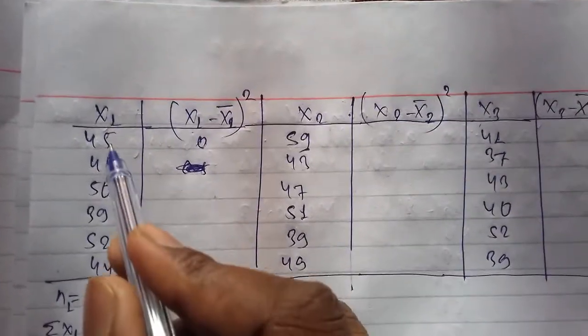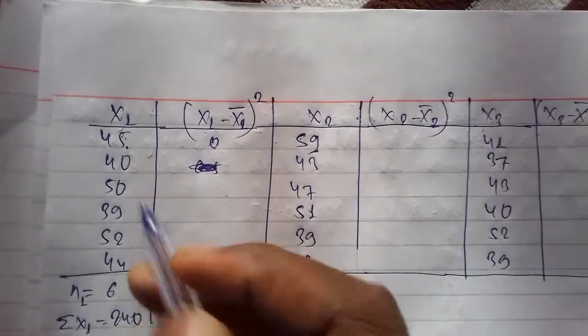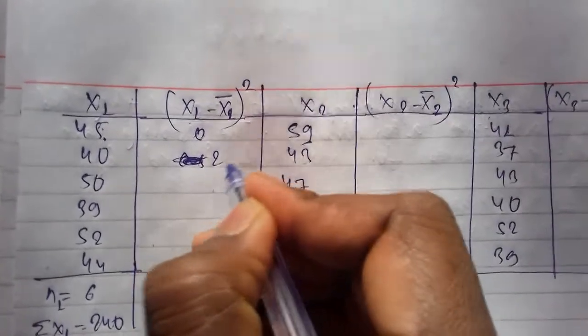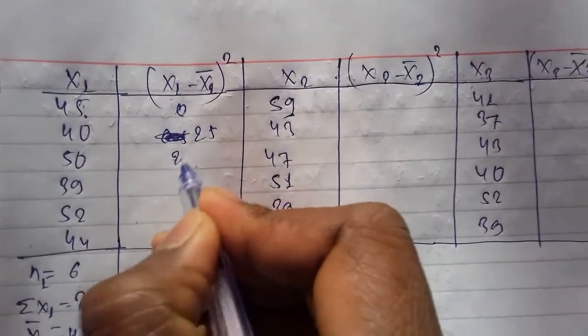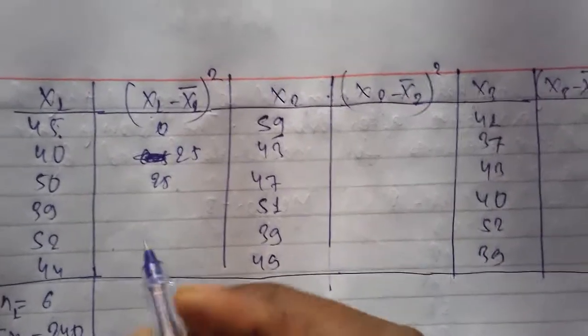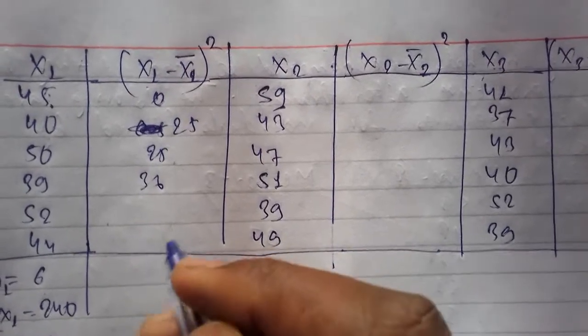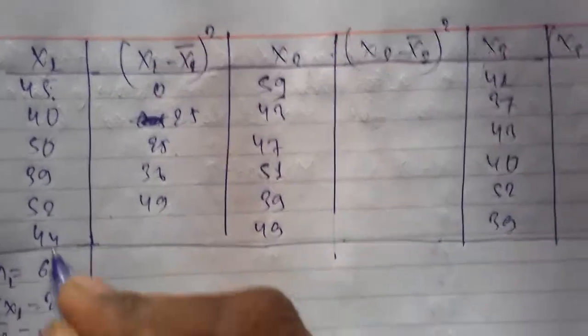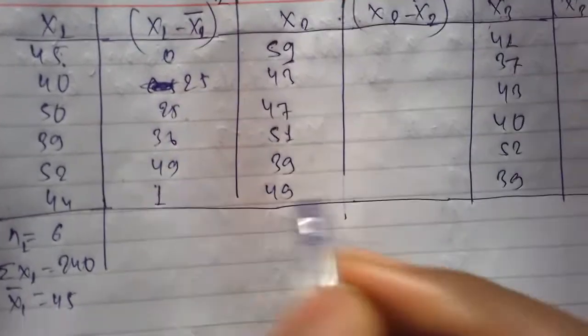Now we have to do: (45 minus 45) whole squared equals 0, (40 minus 45) whole squared equals 25, (50 minus 45) whole squared equals 25, (39 minus 45) whole squared equals 36, (52 minus 45) whole squared equals 49, and (44 minus 45) whole squared equals 1.